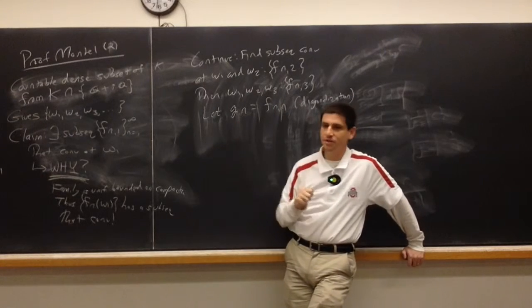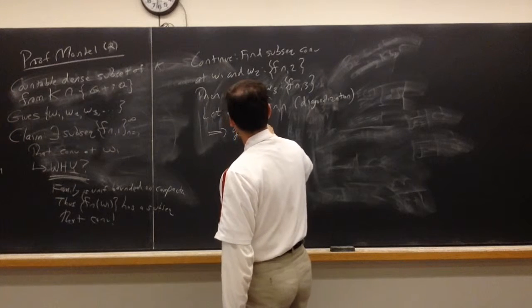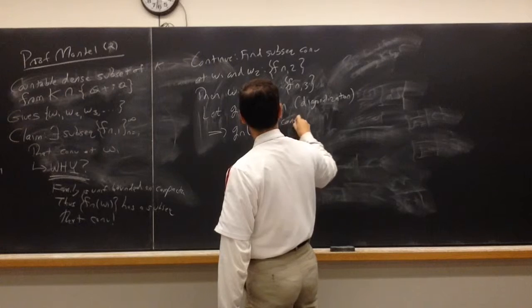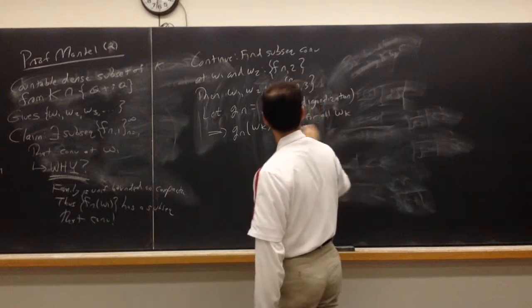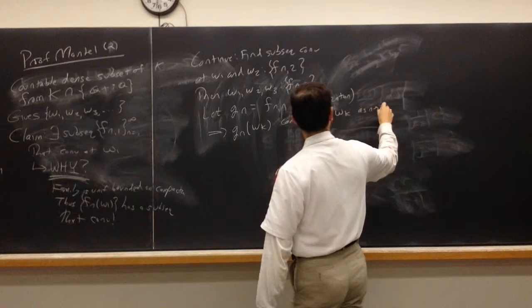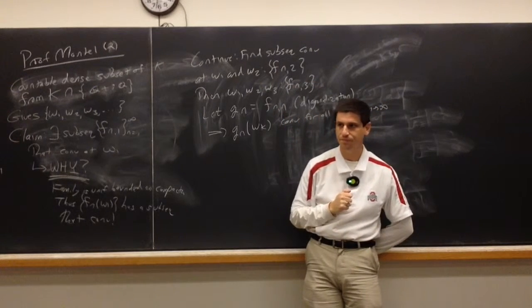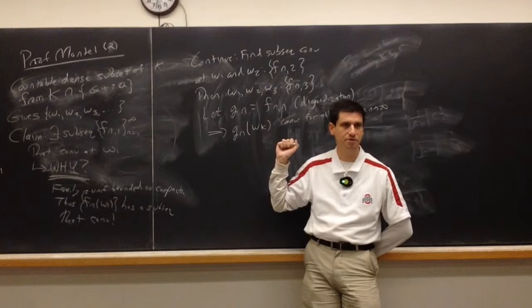And what was nice about this is this implies Gn of Wk converges for all Wk as n goes to infinity. So this is the standard Cantor diagonalization argument.